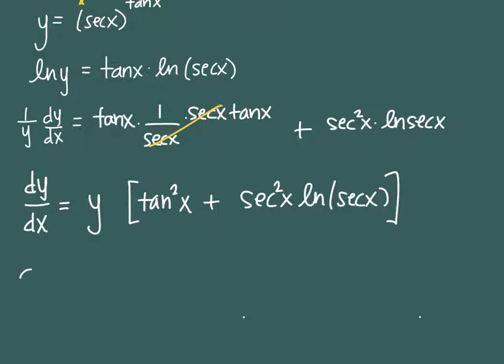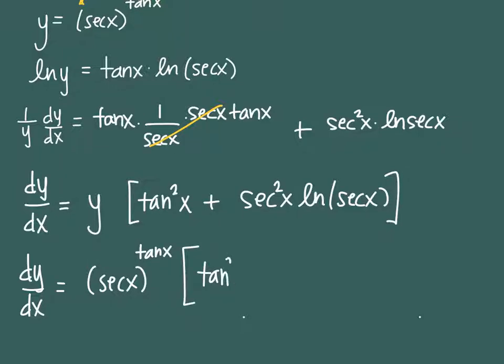So then we finally end up with secant x to the tangent x times the whole quantity of tangent squared plus secant squared, the natural log of secant x. Nice job.